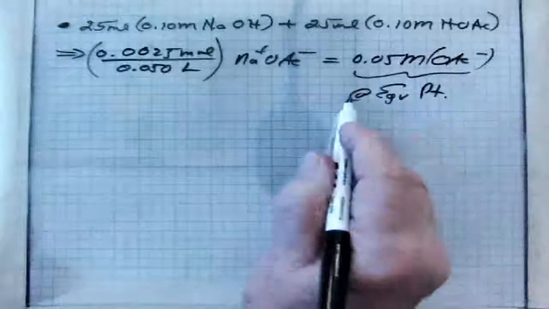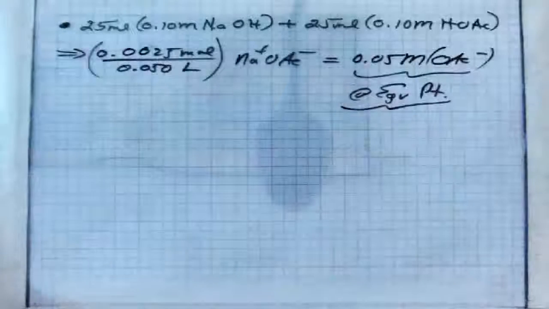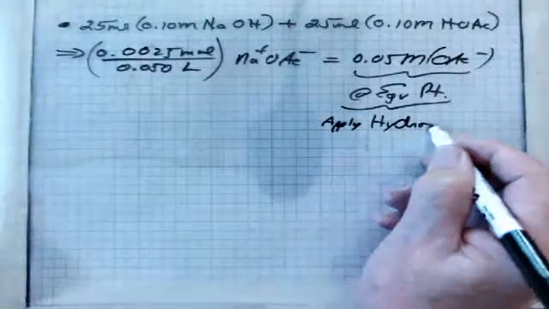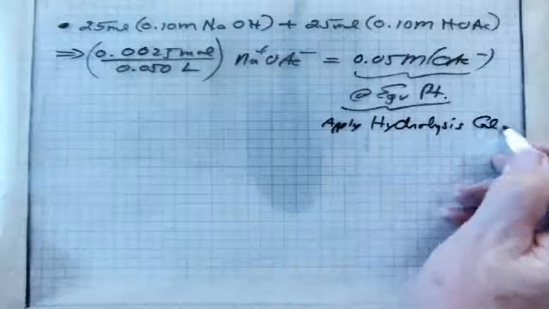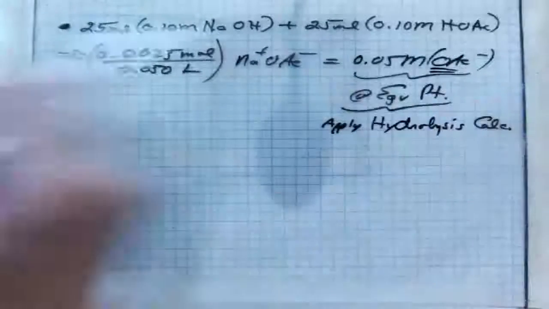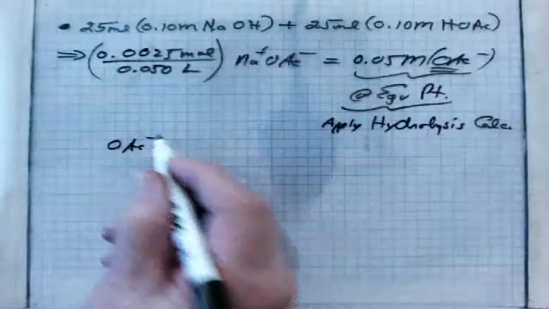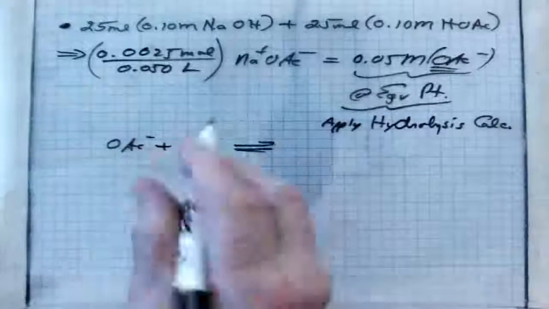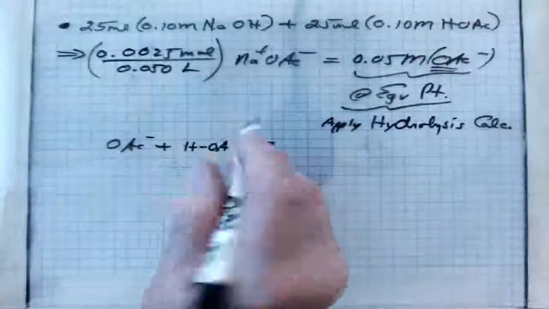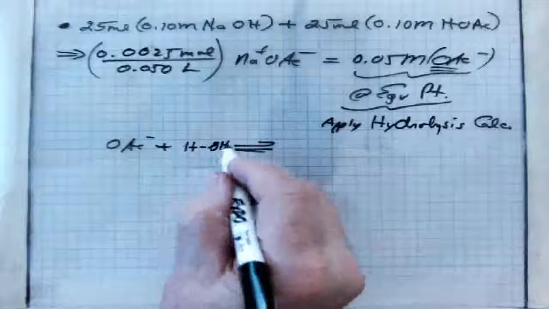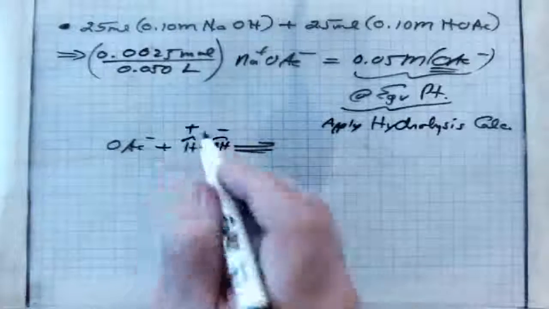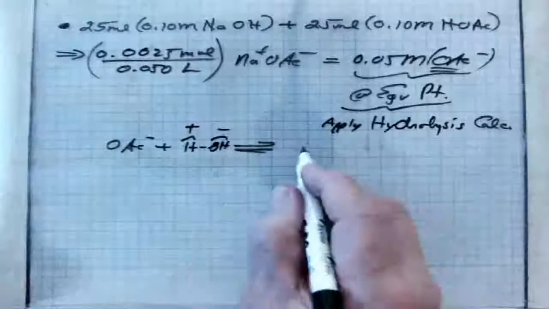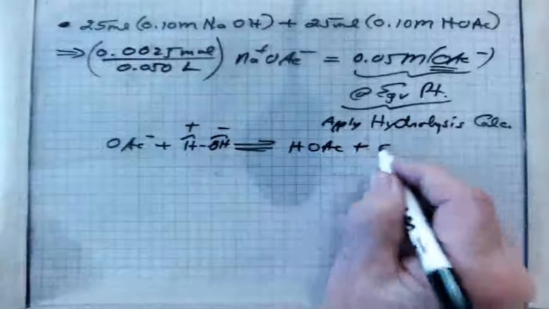And so what this says is you have to apply a hydrolysis calculation. And what that means is react it with water, OAc minus plus H2O. Now what will that go to? Well, of course, that's going to be that reaction that pulls off the OH. This is minus, and of course that's plus. And so negative is going to pull off the plus and leave you an excess of hydroxides. And so that's going to give you an HOAc plus an excess of hydroxide.